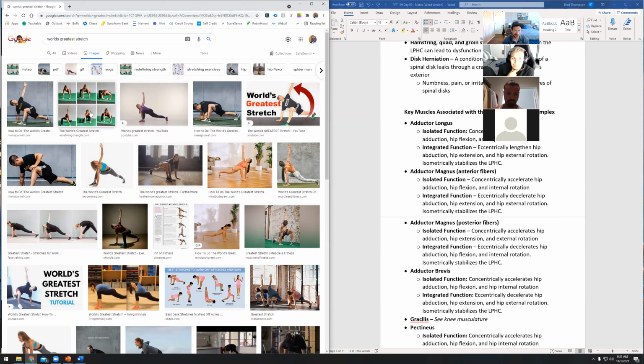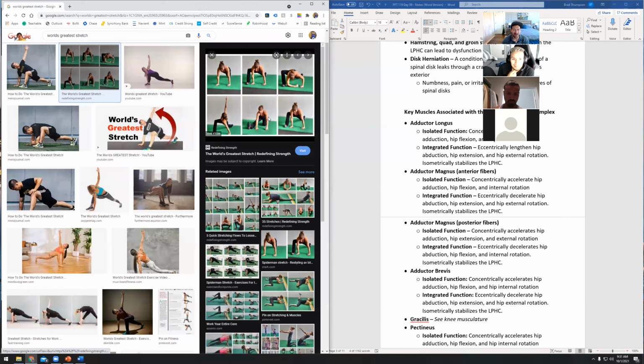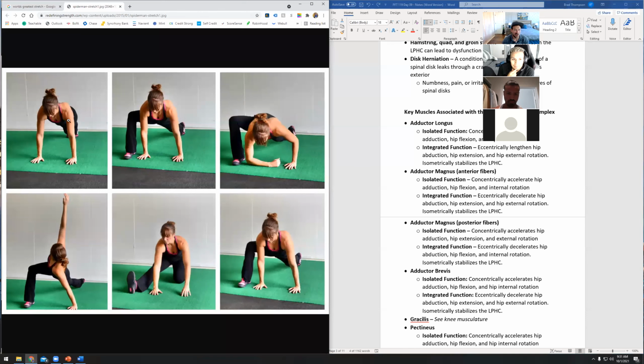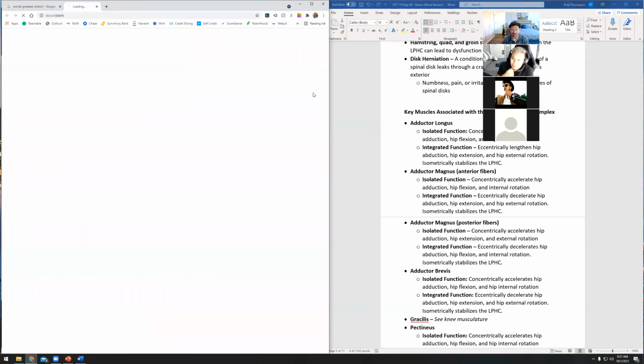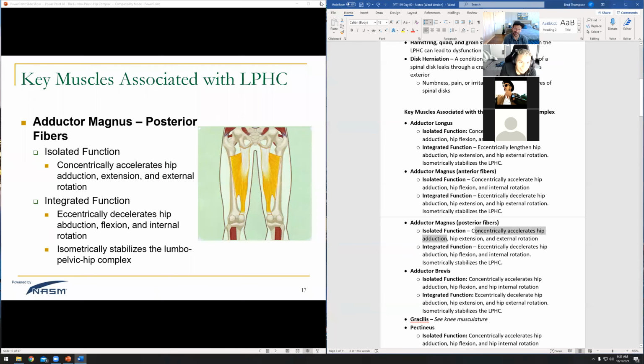Oh, she's adding parts to it. It's where you go into that and then you bring the elbow down and then you bring it the opposite way. And then I guess you could do this as well, where her leg is out and her elbow's next to it. Oh, that's crazy. That's so mobile. I do not have that type of groin.